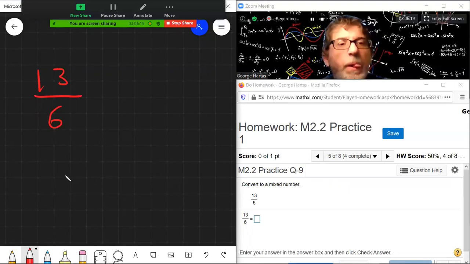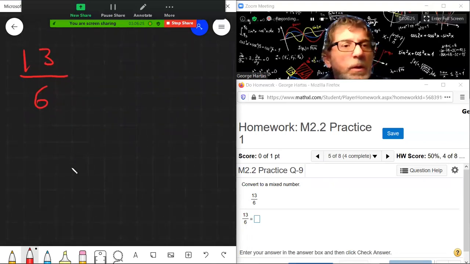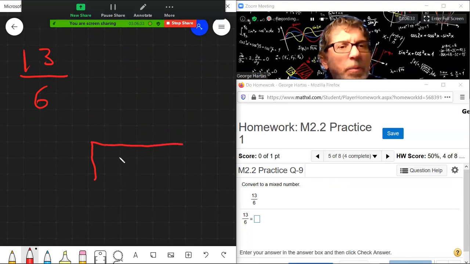Here we go. Now remember, the top part goes in the box because it's the dividend.